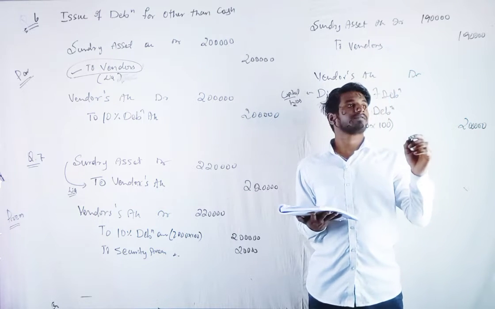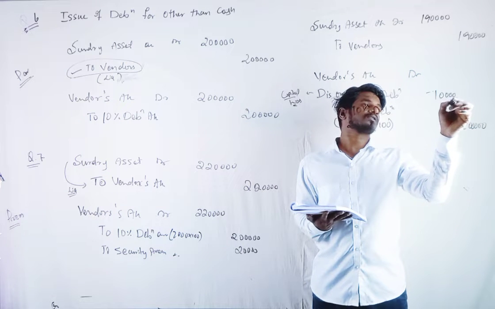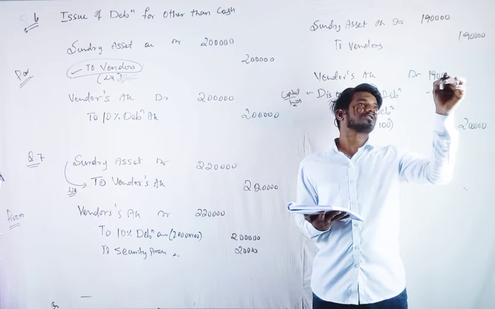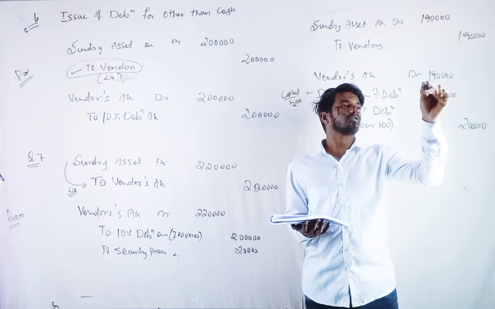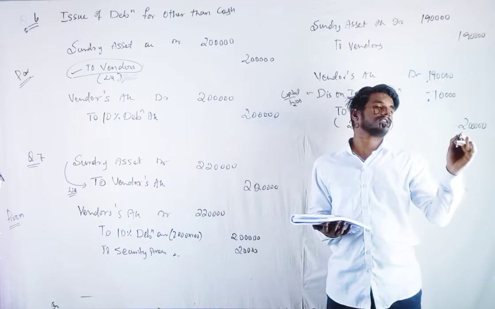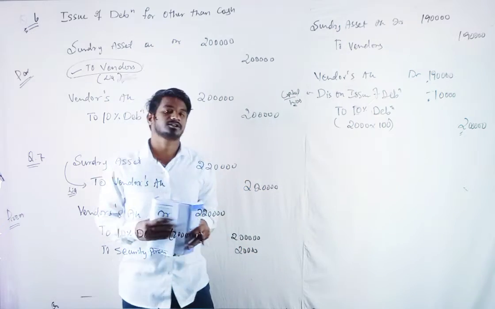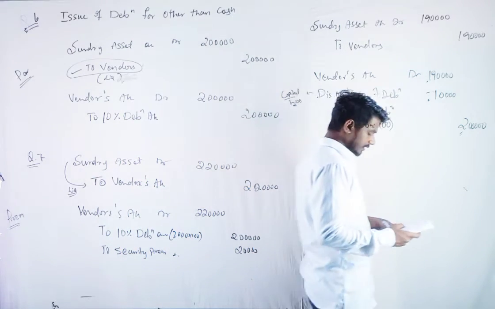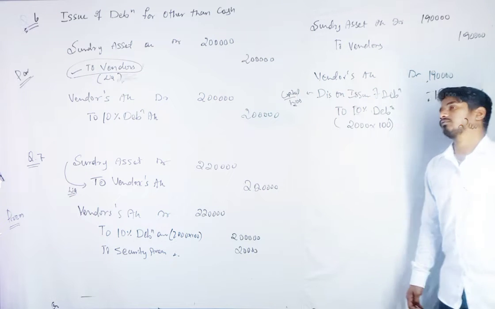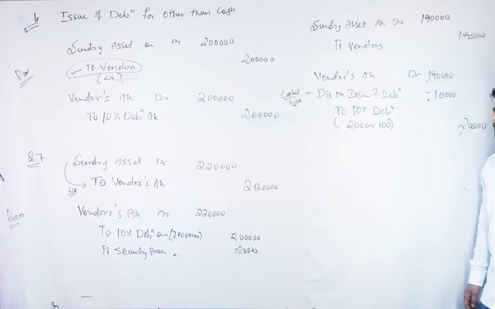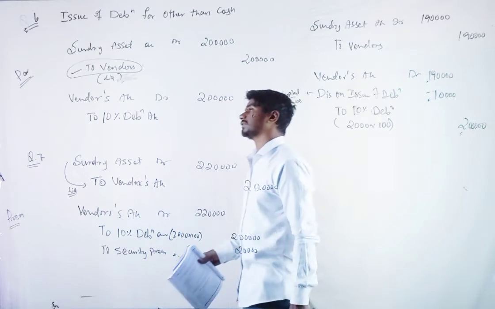Out of 2 lakh, we have given a discount of rupees 10,000, and 1,90,000 is the amount we got. The total is 2 lakh for the debentures issued. You can take down the question and solution. Pause the video and take down the solution.